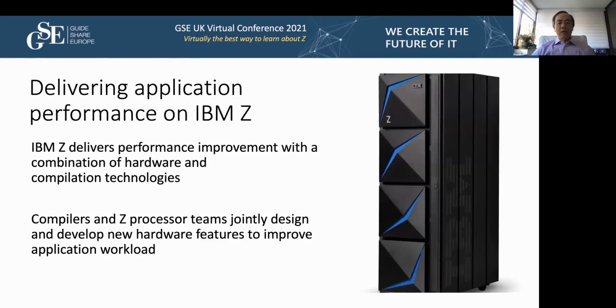I just wanted to talk a little bit about the roadmap for the IBM Z hardware and how it delivers application performance on that platform. IBM Z now delivers performance improvement with a combination of hardware features and compilation technologies. That means the compiler development team and the processor development team are really extended teams of each other.